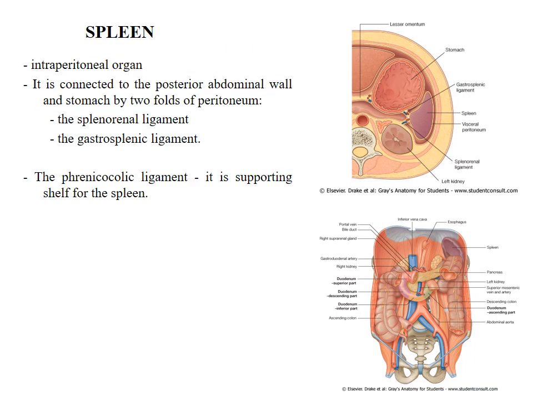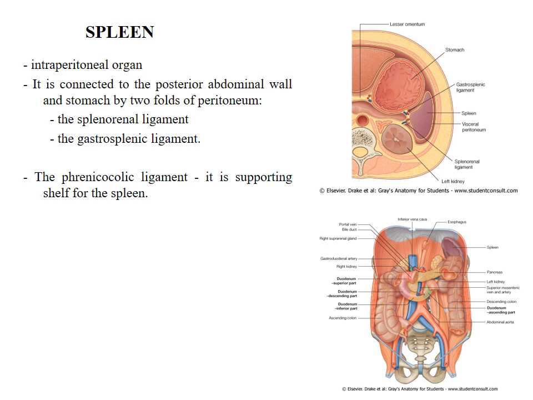Spleen is an intraperitoneal organ. It is in relation with the stomach and with the kidney, posterior abdominal wall, and it is connected to the stomach by part of the lesser omentum, that is the gastrosplenic ligament, and is connected to the posterior abdominal wall at the level of the kidney by the splenorenal ligament.